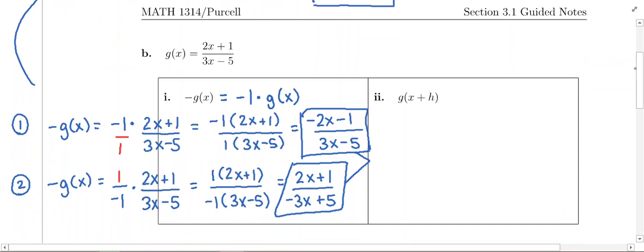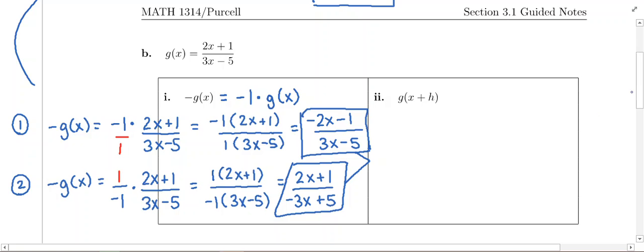Okay, so again, your 3 options to correctly multiply a fraction by -1 are: either change the sign of every term in the numerator and leave the denominator alone like we did in the first method, or do what we did in the second method, leave the numerator alone and change the sign of each term in the bottom.